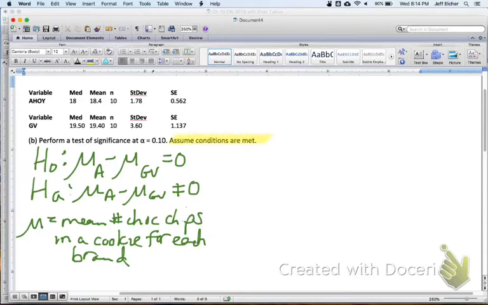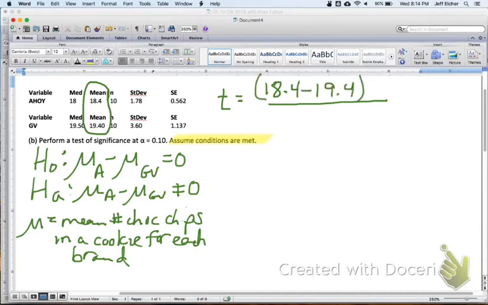Next, we just need the test statistic. Let's do this two ways. Number one, the very statistical way, we would have the t-test statistic equals mega fraction bar. We have the difference in sample means, Chips Ahoy minus Great Value. That would be 18.4 minus 19.4.